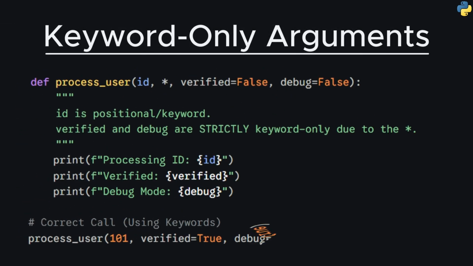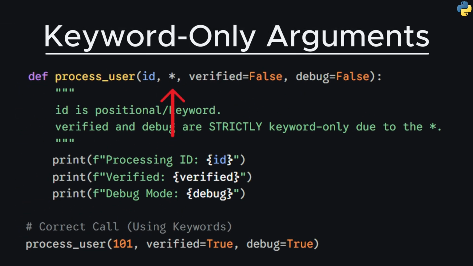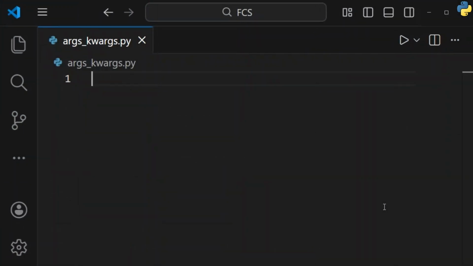Let's master keyword-only arguments, or KWOA. By placing a single lone asterisk in the signature, we force all subsequent arguments to only be passed by keyword. This is vital for API stability.